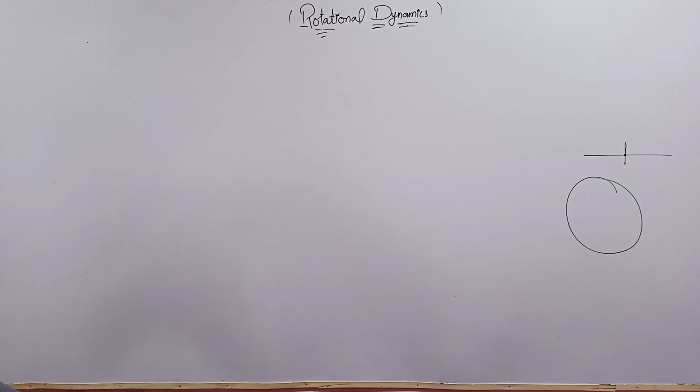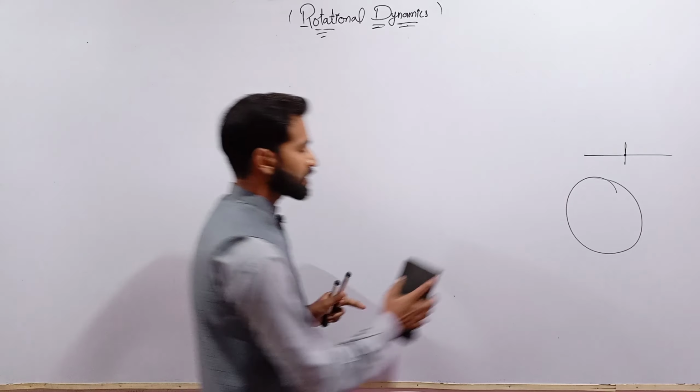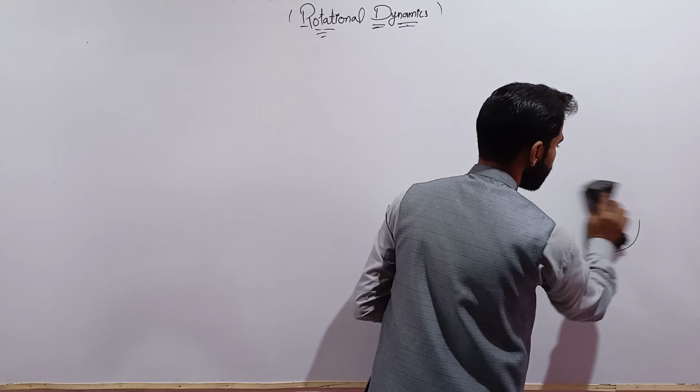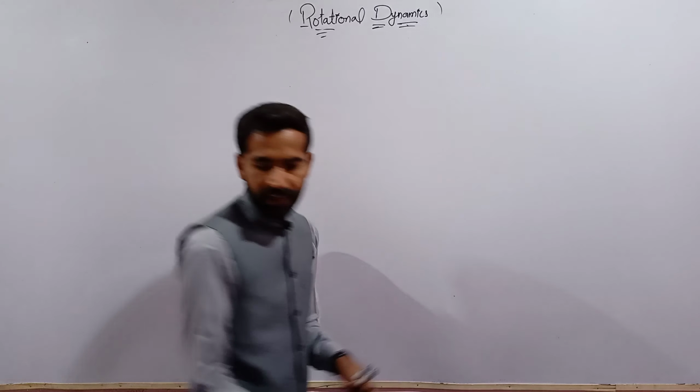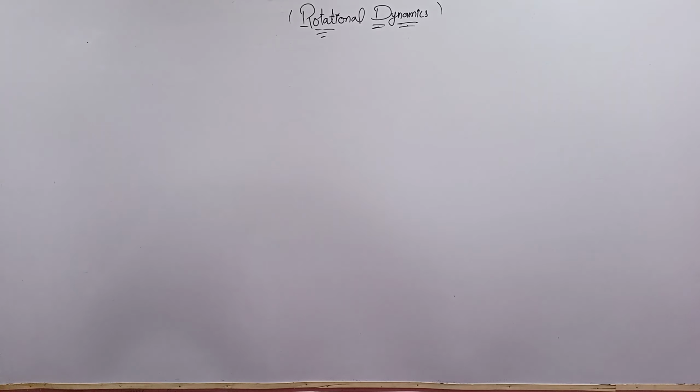In this chapter we discuss only rotational motion, and our aim in this chapter is to find the formulas for kinetic energy, work, power, torque, and the functions of the rotational parameters phi, omega, and alpha.